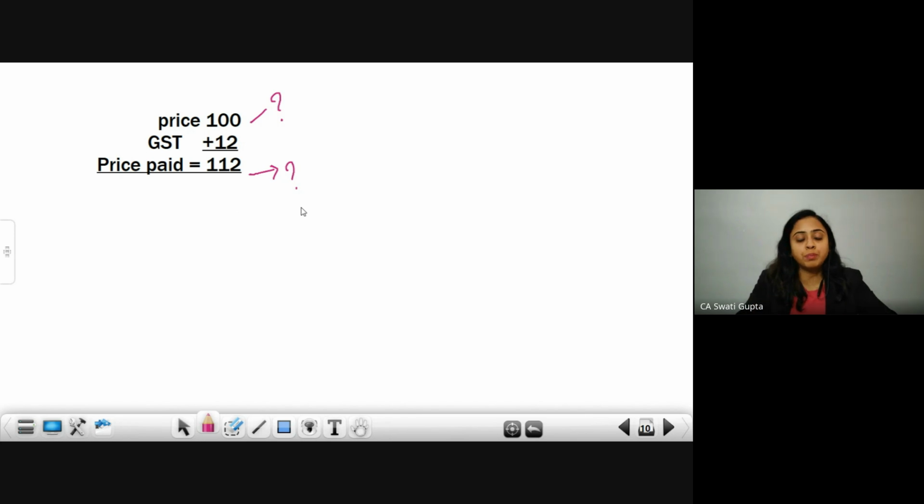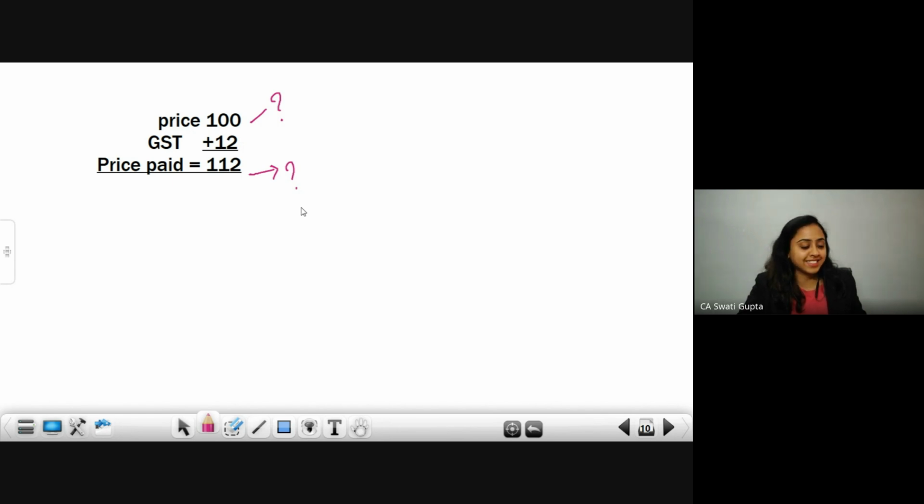If you have bought a PPE at rupees 100 with a GST payment of 12 rupees and you have paid a price out of your pocket that is 112, please tell me, the PPE will be recorded in the books of account either at 100 or 112. Kishan says 112. Okay. What about Harishankar?